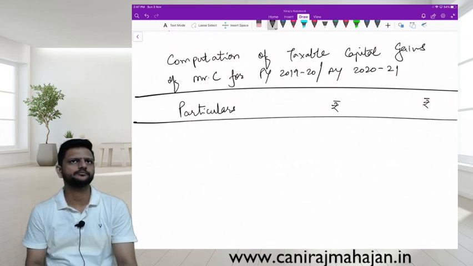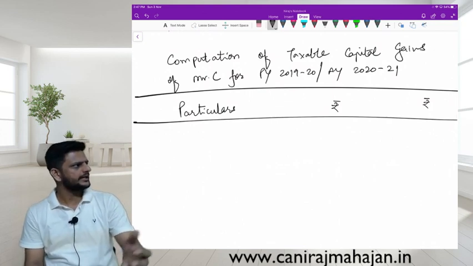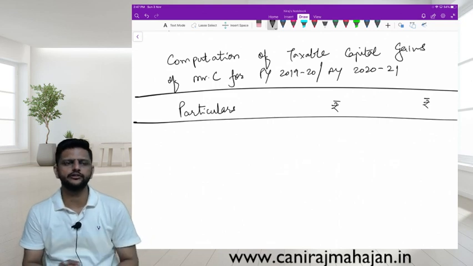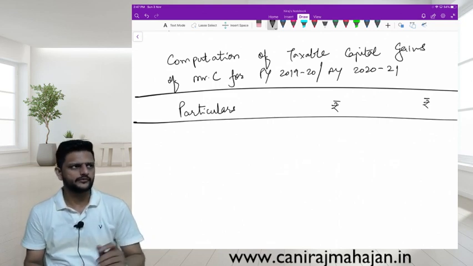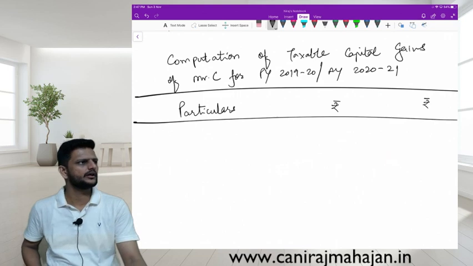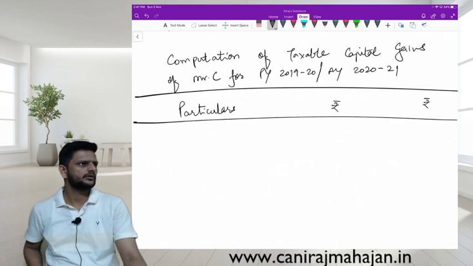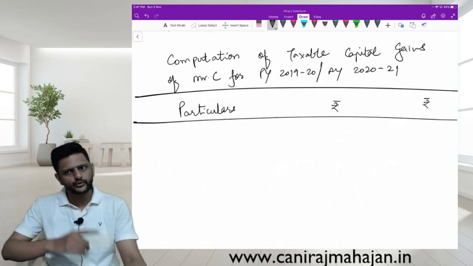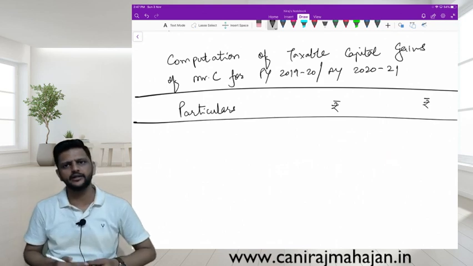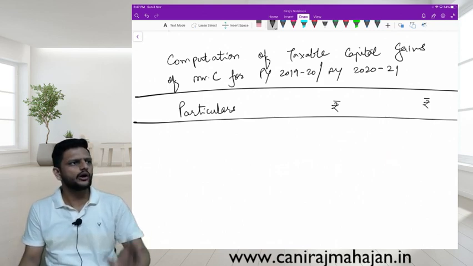Okay, and if at all, pay attention. Capital gains accepts any other head of income also. Yes. That means capital gains can adjust any other loss also. Correct. So if you can adjust losses from capital gains, we will prefer long term.